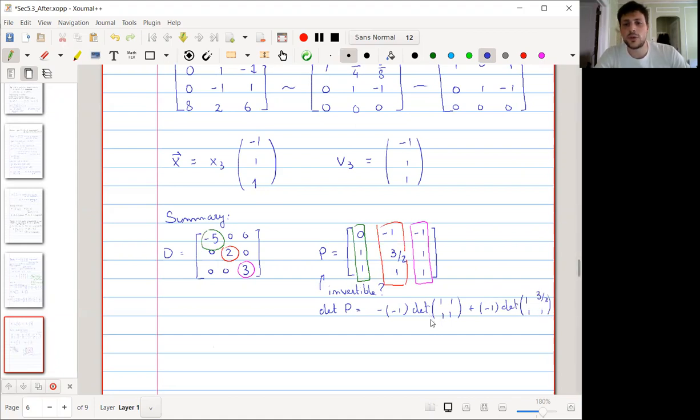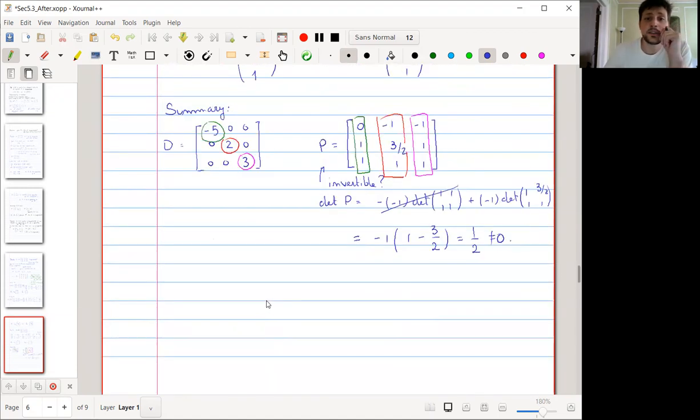Now, the determinant of 1, 1, 1, 1 is 0, because the columns are linearly dependent. So we get -1 times 1 minus 3 halves, which is 1 half, which is different from 0. So P is invertible indeed.